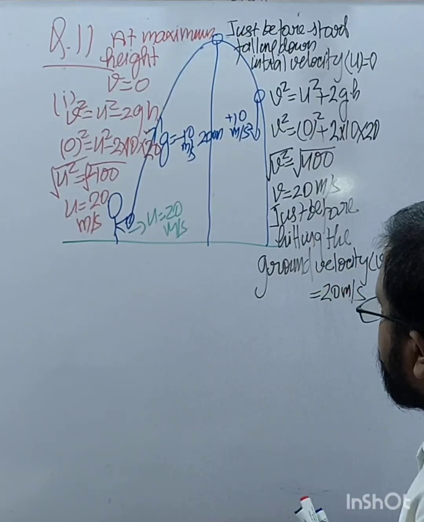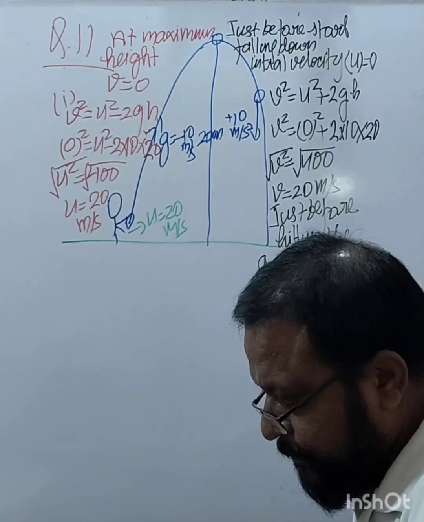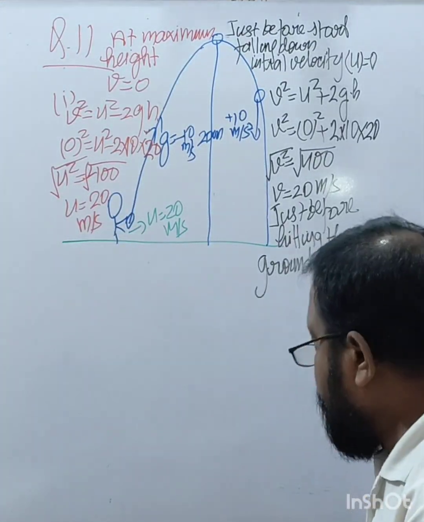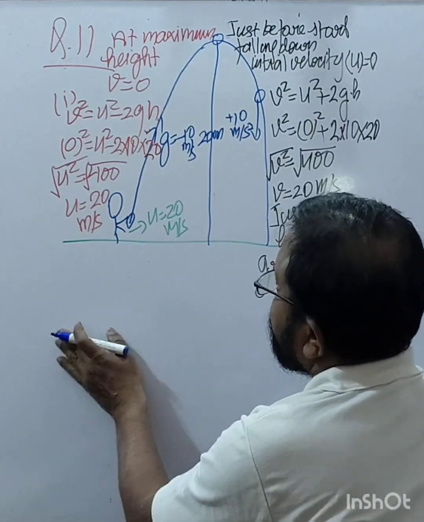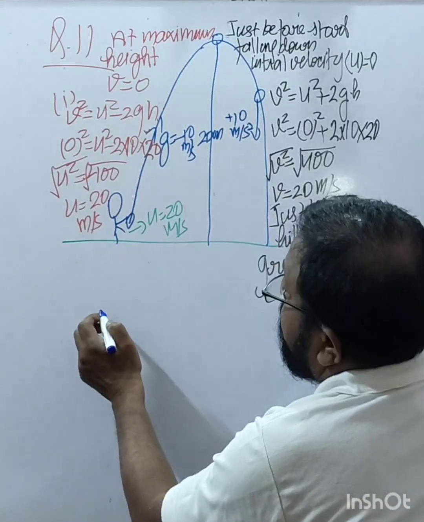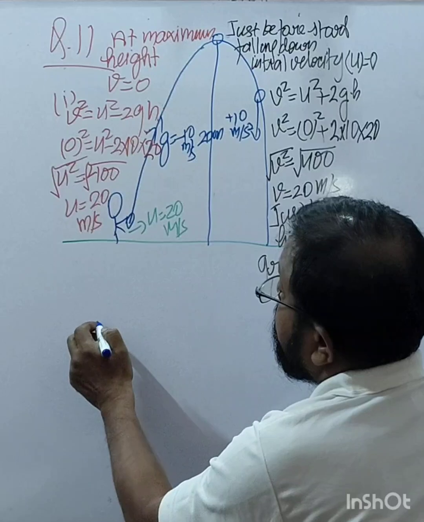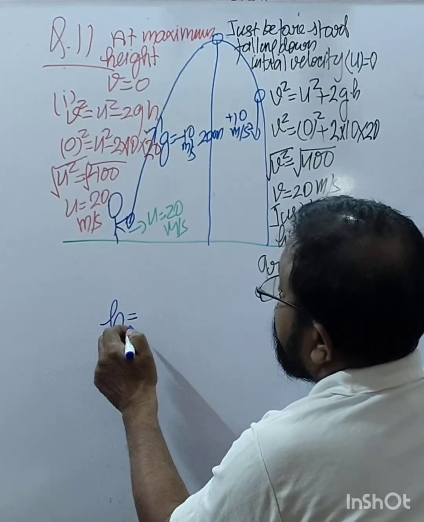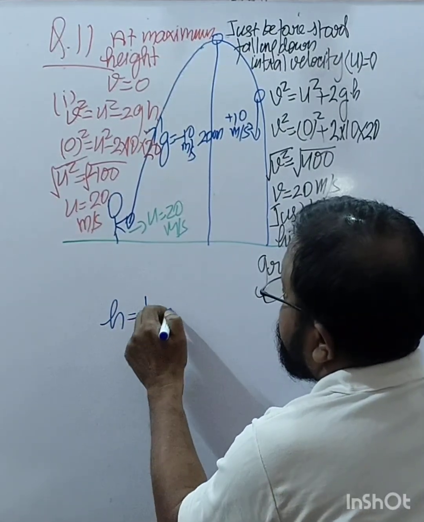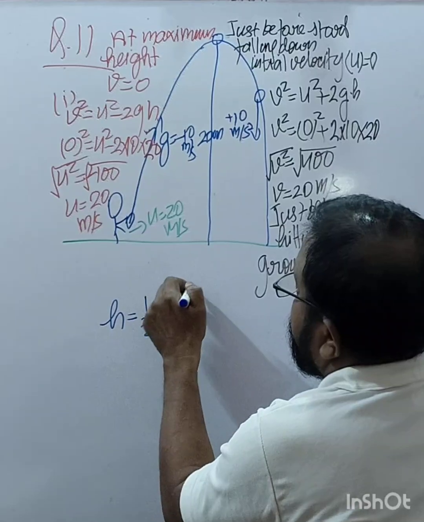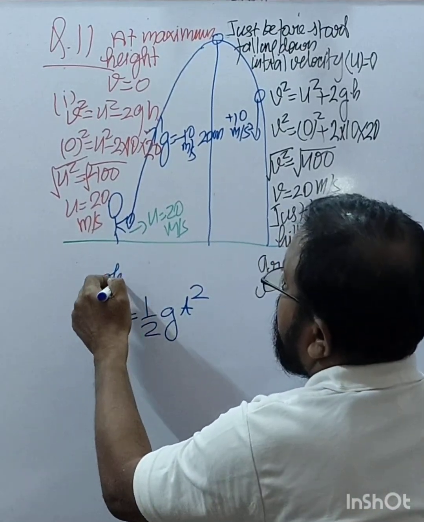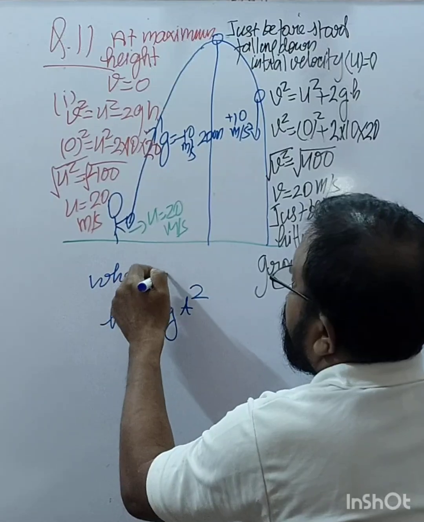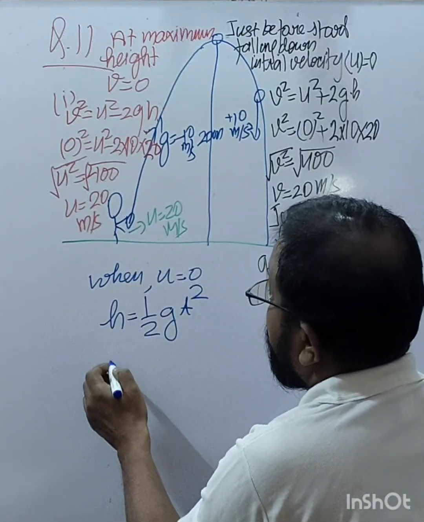Yes, what next? The total time of journey of the ball, the total time of flight. Okay. So h is equal to half gt square, when u is equal to 0.